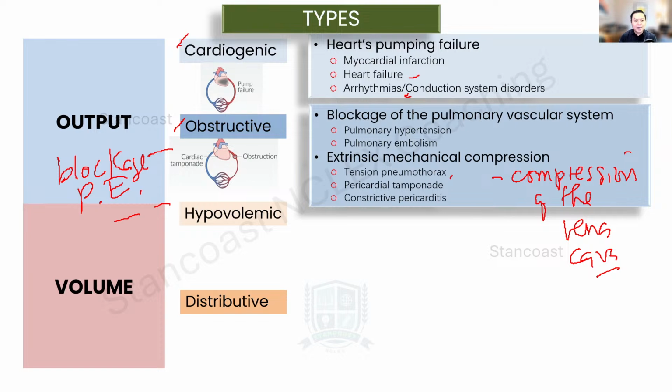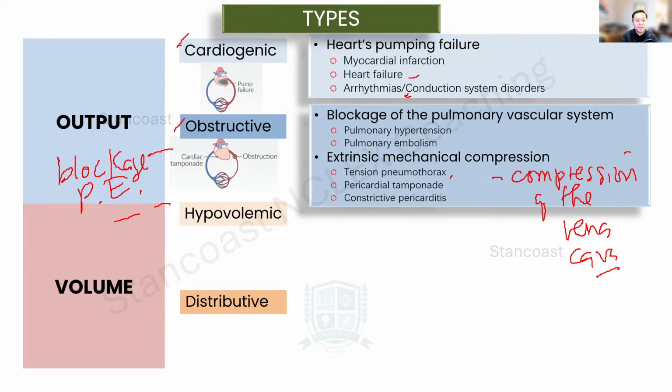All right, now let's talk about the volume. Well, the types of shock that will belong into the volume classification. There is an impairment in the circulating amount of the blood, or let's say the fluid in the bloodstream.